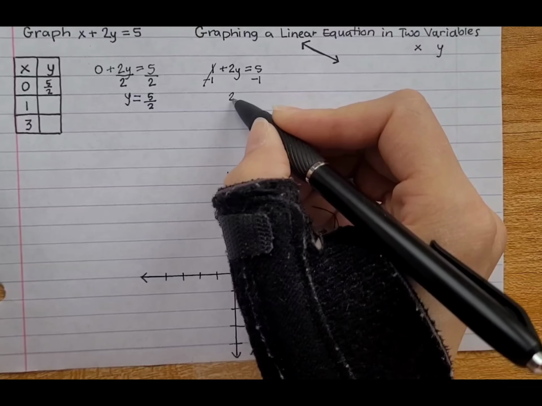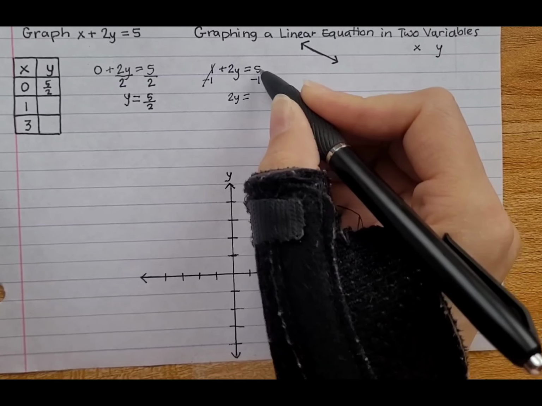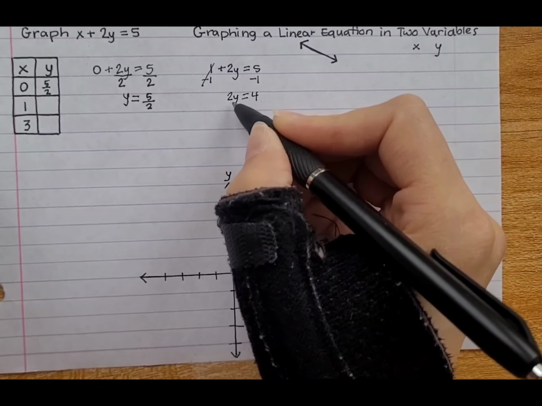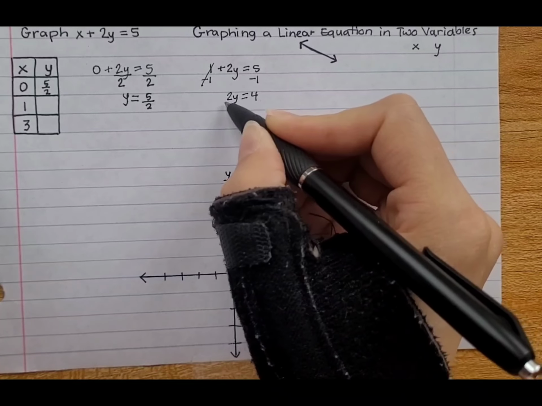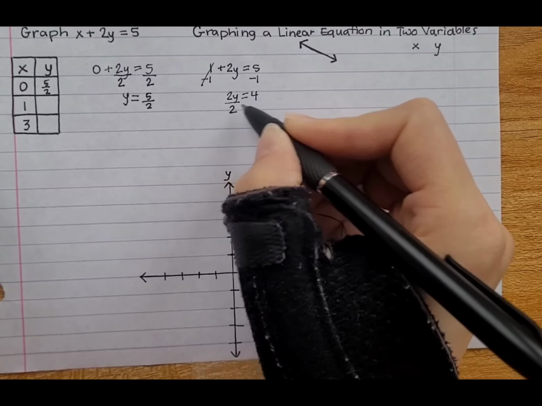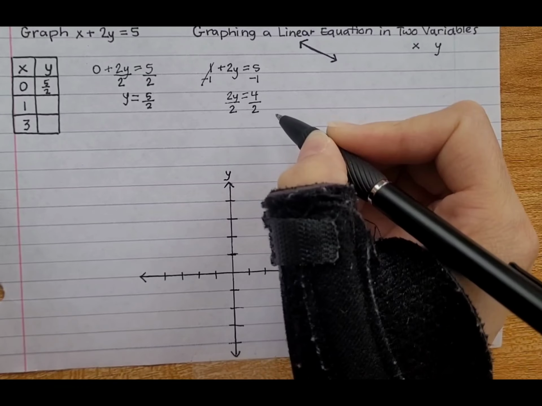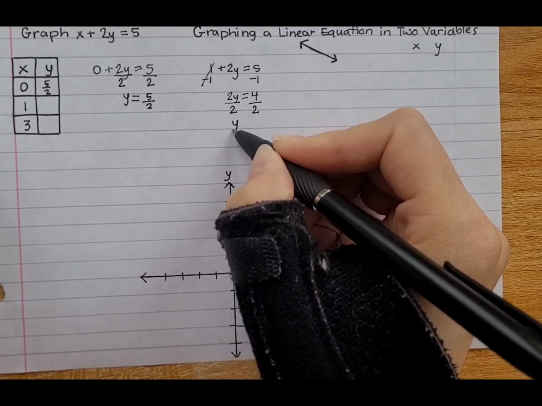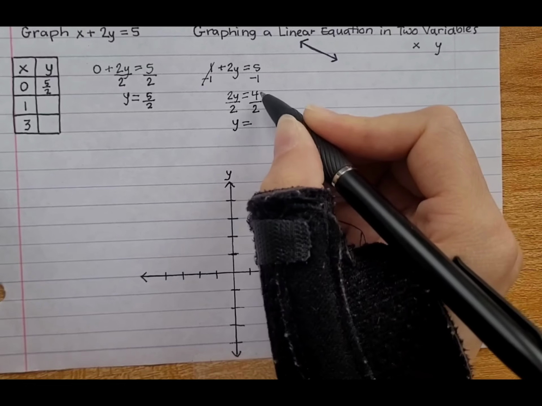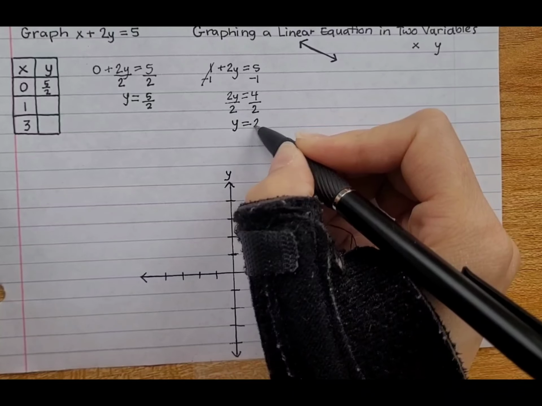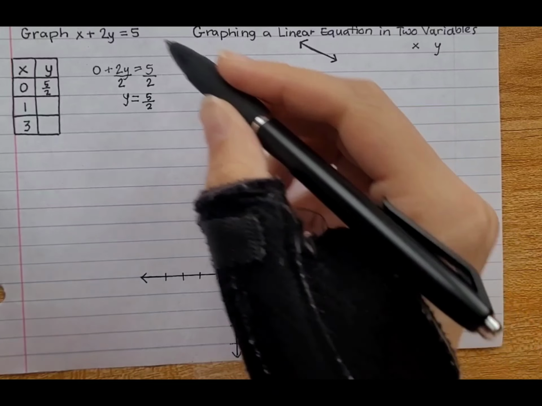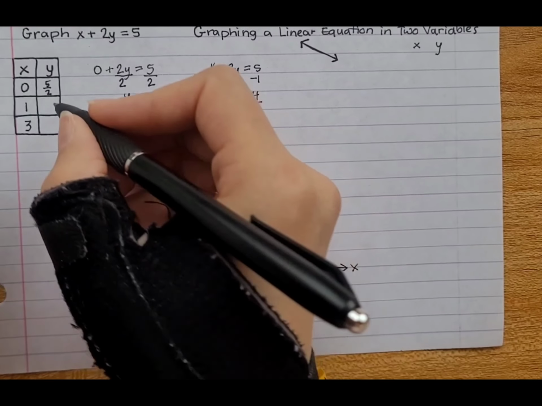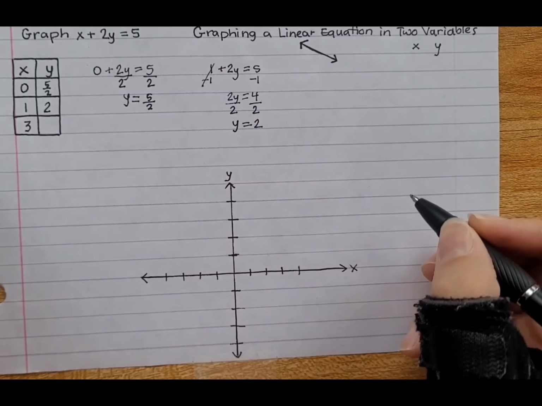And we're left with 2y on the left side, and 5 minus 1 is 4. 2 times y, opposite of multiplying, is dividing by 2 to both sides. And 2 divided by 2 is 1, so we're left with 1y. And 4 divided by 2 is 2. So where our x was 1, our y is 2.